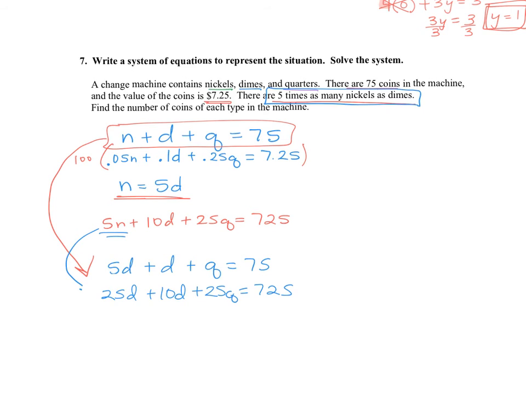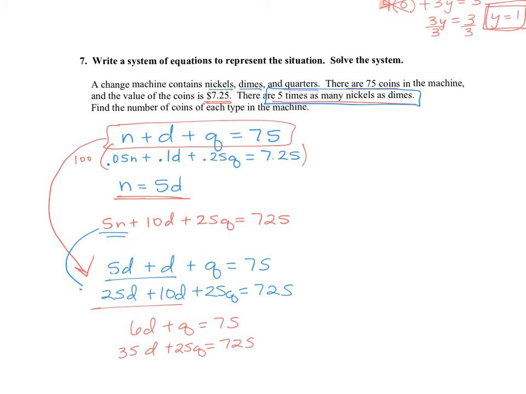Now if we simplify again, 5d plus d is 6d plus q equals 75. Simplify this one, I get 35d plus 25q equals 725. Okay, you with me so far? Lots going on here.